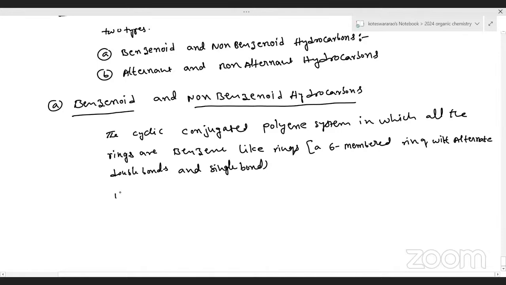For example, you know the benzene structure. The benzene is like this, C6H6. Not required a molecular formula. Okay, this is the benzene.